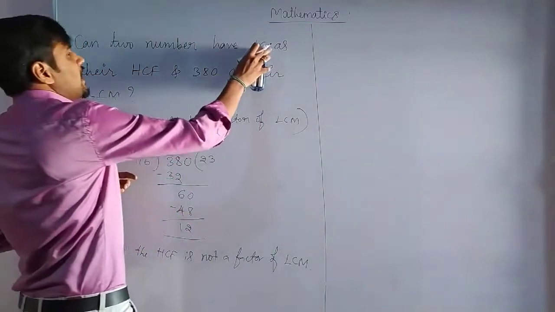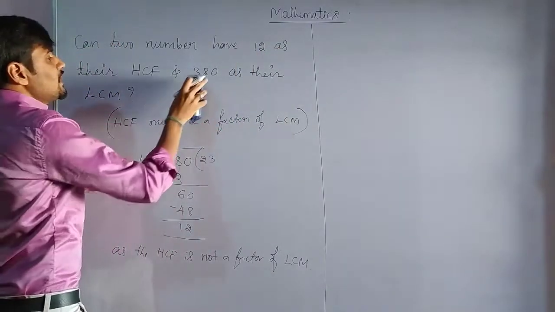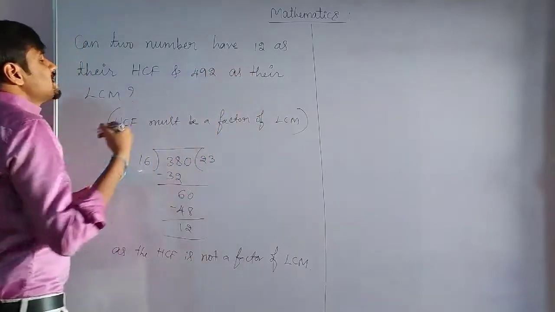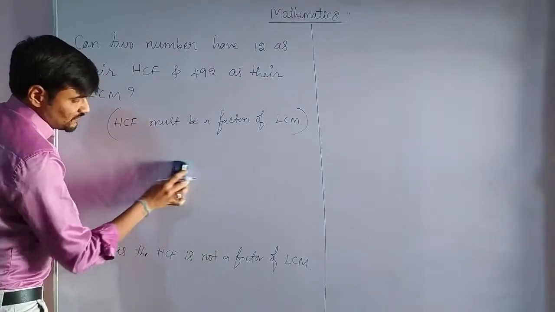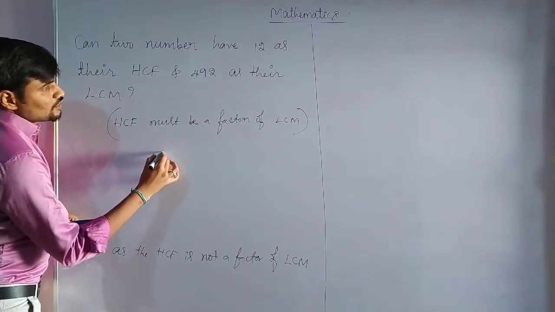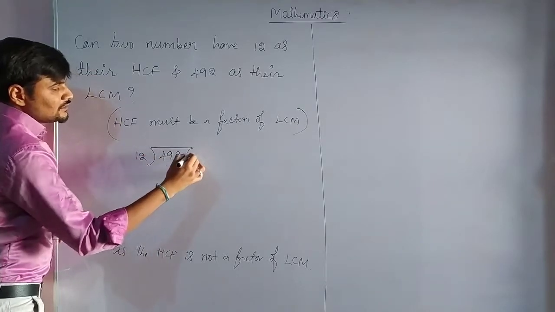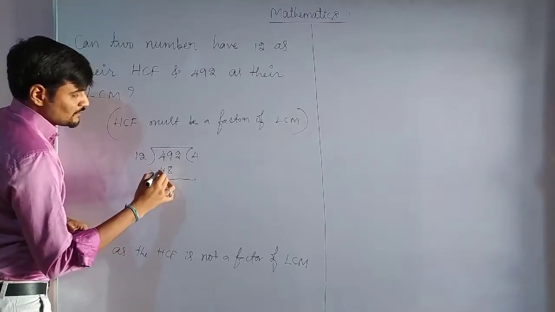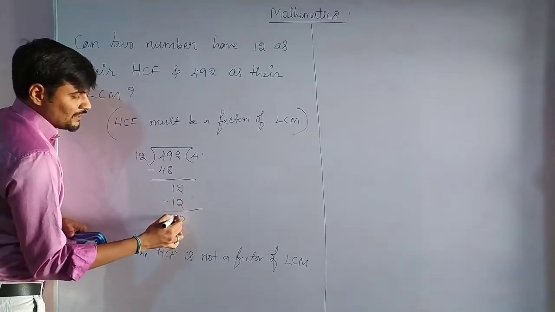Let us go for another example. Can two numbers have 12 as their HCF and 492 as their LCM? Now let us divide 492 by 12. 12 fours are 48, and 12 ones are 12. What is the remainder? 0.